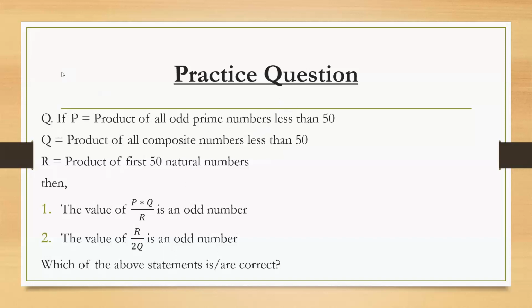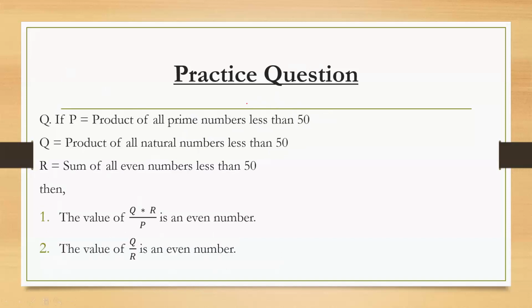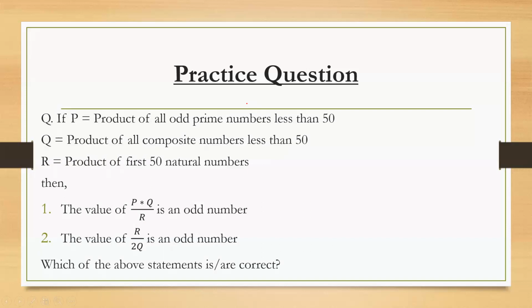Okay, so let us see here. We solved a similar pattern in the first class, right? One pattern we solved, how to solve such kind of questions. Now let us revisit that topic once again. So see what it says: P is the product of all odd prime numbers less than 50.